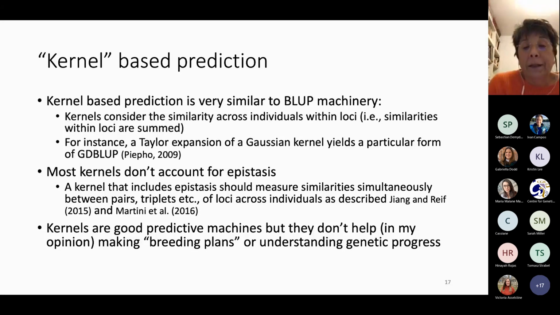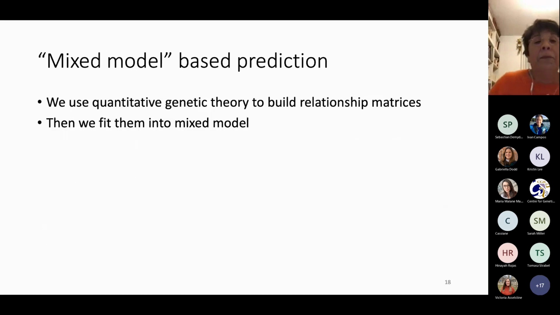In my opinion, kernels are good predictive machines, but they don't help to understand genetic progress and to make breeding plans. For this reason, I prefer mixed model-based prediction, because we use quantitative genetic theory to build relationship matrices that we know, and then we put these relationship matrices into mixed models and use all the things that we know.